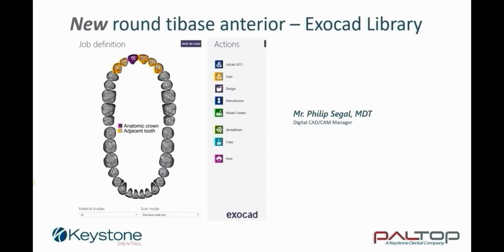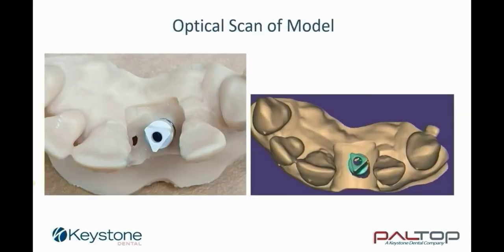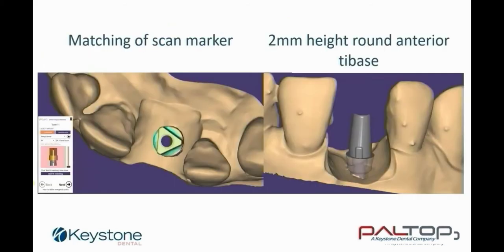Here we'll review the design of an anterior crown using Exocad. Following the job definition, the model and the scan body are scanned with an optical scanner. The scan body is matched in the software, and a 2 mm height round anterior tie base is chosen.